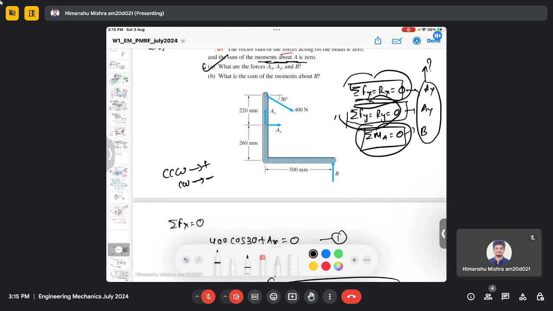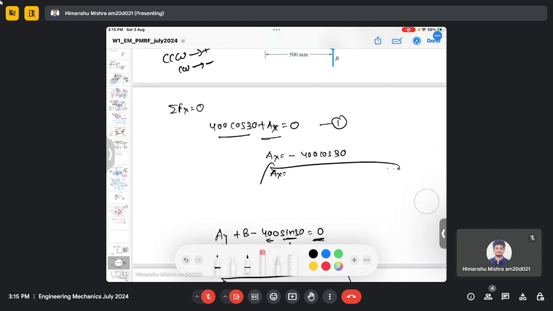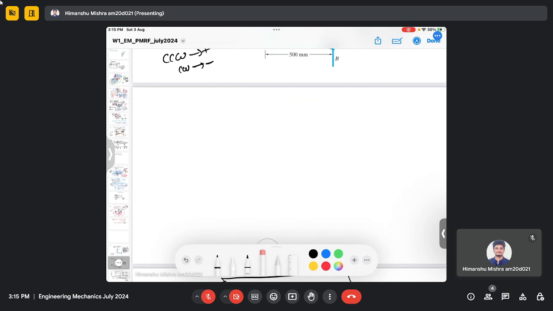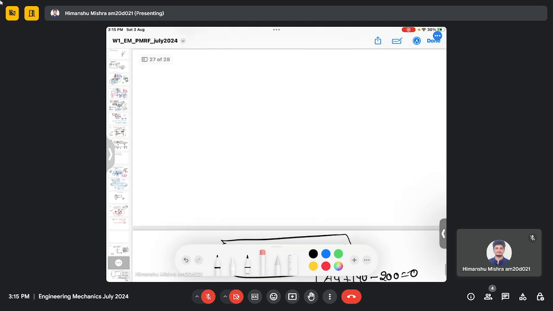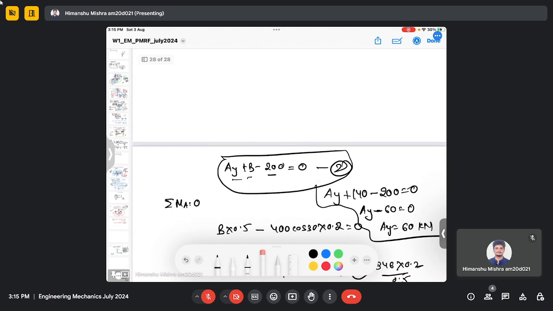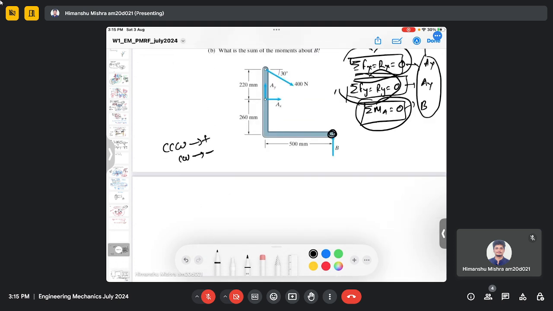So now the second part is what is the sum of moments about B? So now we need to calculate the overall moment about this point B. So it's a straightforward exercise.